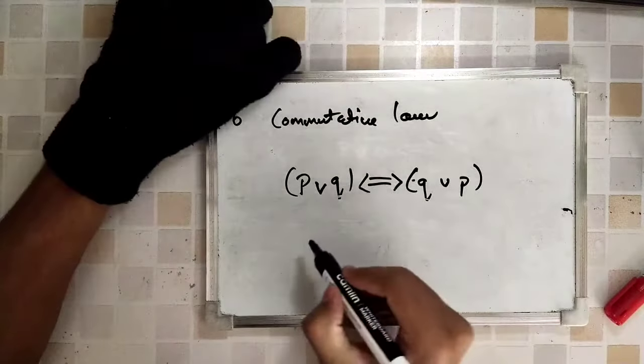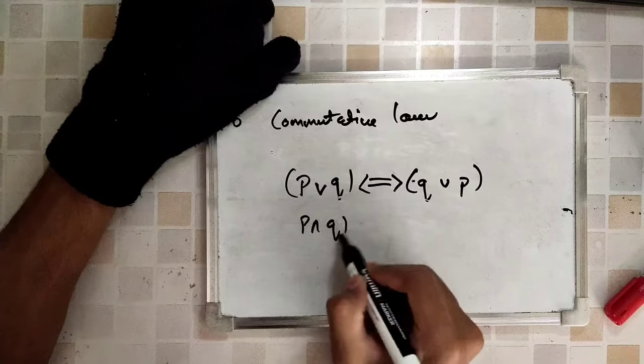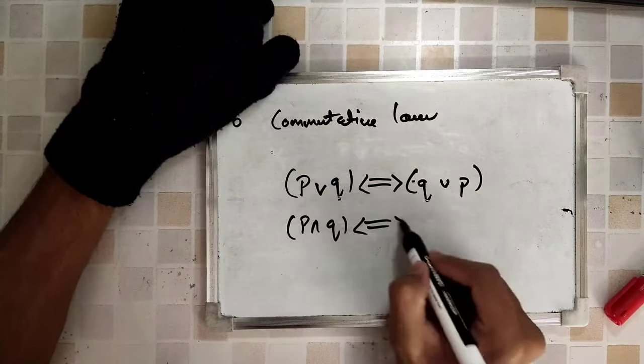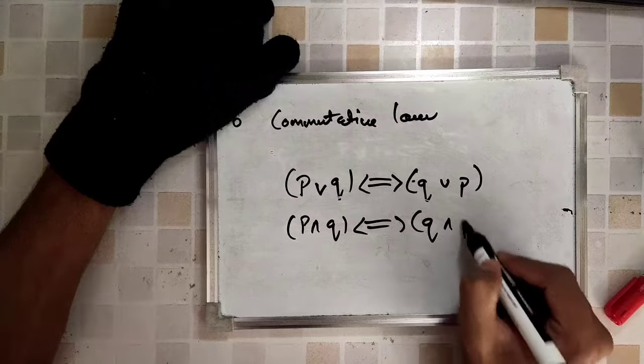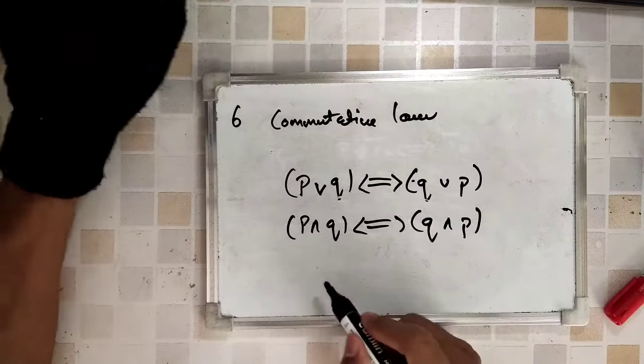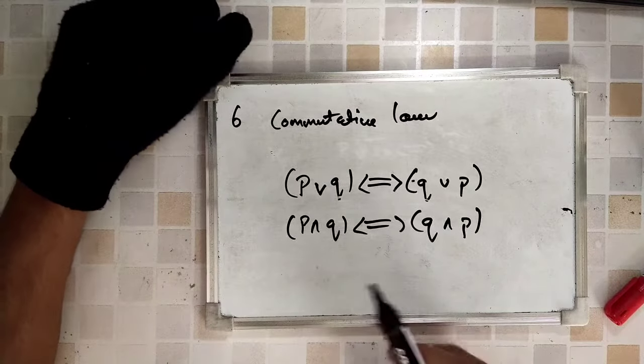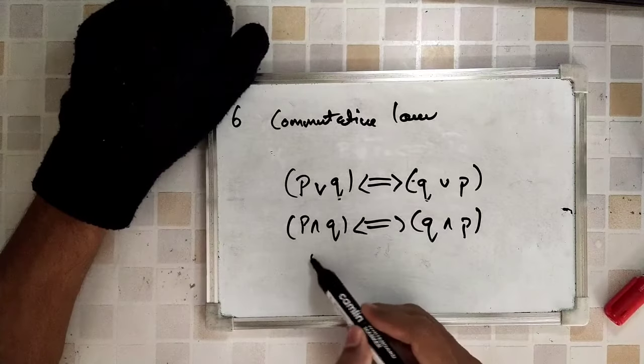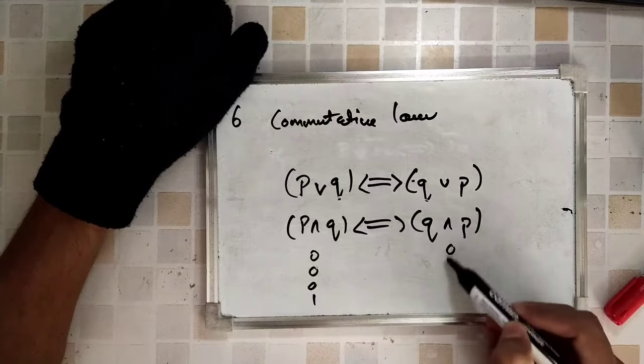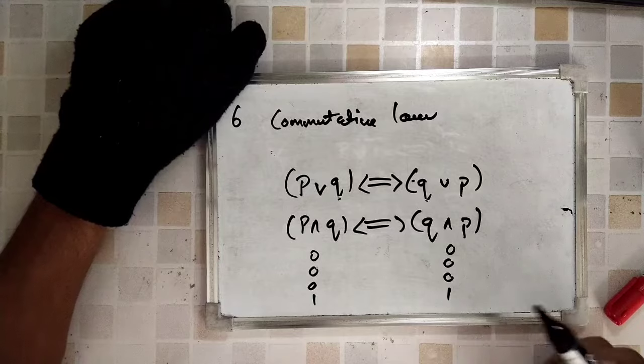Another statement is P and Q, same thing. Here or was there, now and will come, is logically equal to Q and P. The same way I did that, you will get 0 0 0 1 for this, and for this also you will get 0 0 0 1. Why?